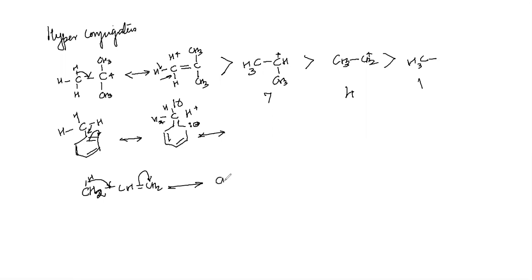So it is CH2 with an H plus hanging here. It is not going anywhere else. This forms a double bond. CH, CH2 with a pair of electrons here. So this is what is called hyperconjugation, right?